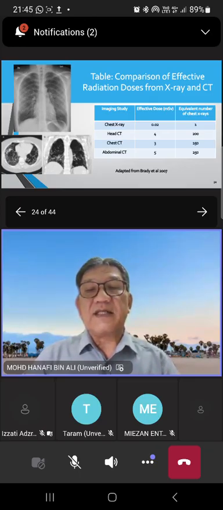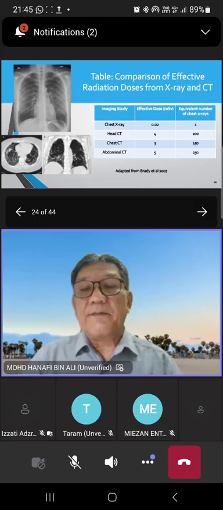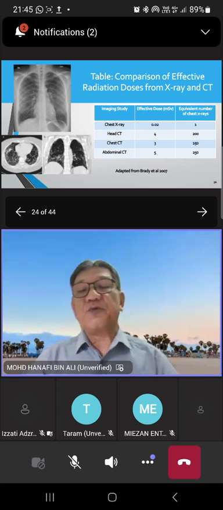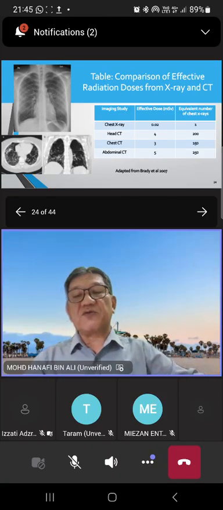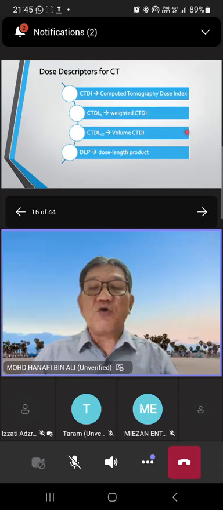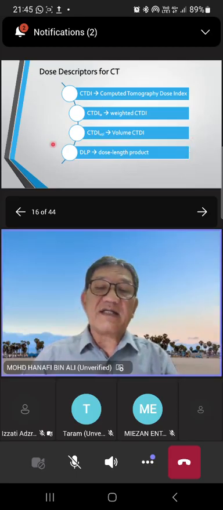I can already tell you that this is something where we compare chest X-ray effective dose. Remember that it is only 0.02 millisievert, equivalent to only 1 chest X-ray. If we take an X-ray for a medical checkup, for example, for a cough, and the doctor requests an X-ray, we are only exposed to 0.02 millisievert for one X-ray. I want to compare that with chest CT scan.